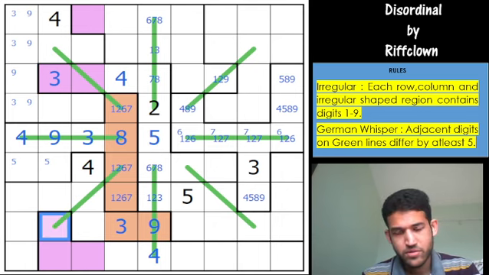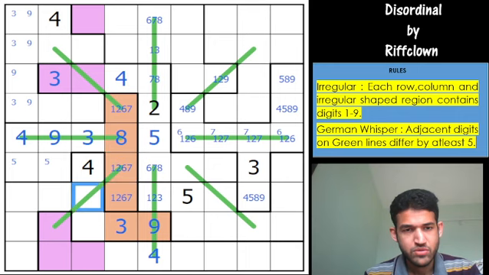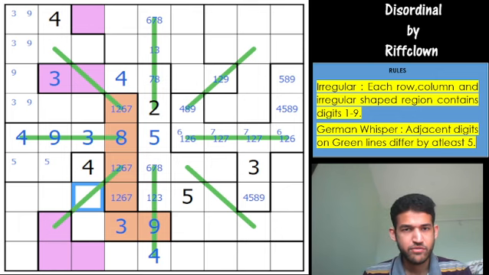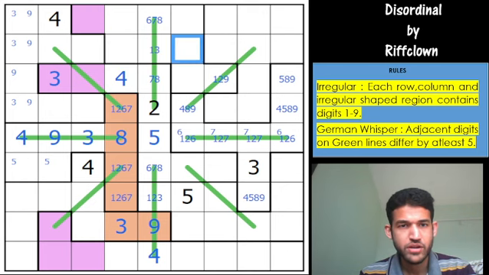Will they be useful? Okay, so at this point it's slightly tough. I'm not sure what I'm missing here. Oh, okay. So where does the 4 go in this region? There is only one cell left. 4 has to go here.